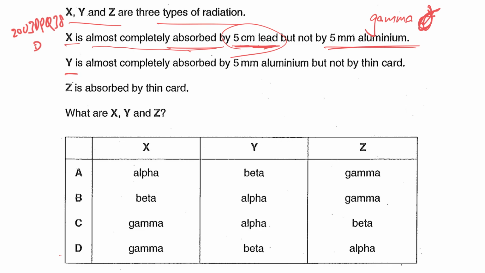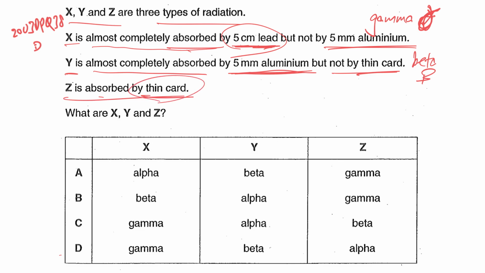And if Y is almost completely absorbed by 5 mm of aluminium, but not by a thin cut, that means they can just pass through the thin cut easily, but being absorbed by the aluminium, that means that is your beta particles. And lastly, Z here is absorbed by a thin cut, that has to be your alpha particles. All right, so the answer will be D.